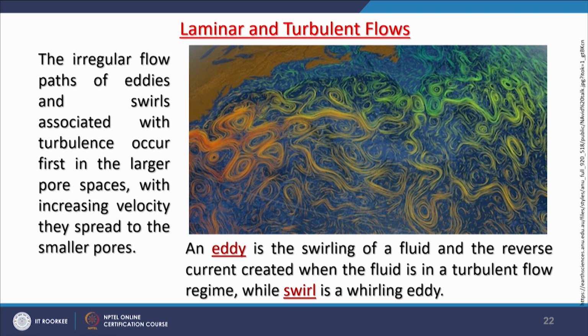An eddy is a swirling of fluid and reverse current created when the fluid is in turbulent flow, and the swirl is the whirling eddies. This we can see here, in the experiment we have done, where different colors have been injected. So, here we are ending this part 2 of Darcy law.